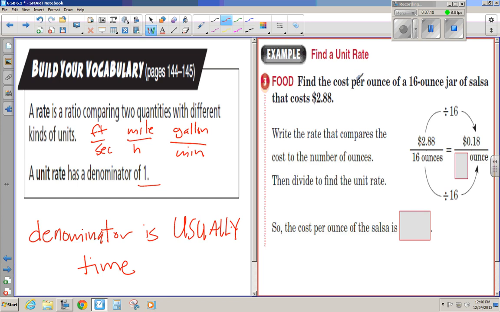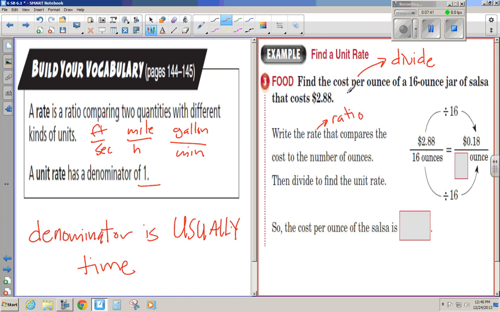So here we go. Find the cost per ounce. Okay, cost per means divide. Per ounce of a 16-ounce jar of salsa. So what we do is we write the rate that compares the cost to the number of ounces. And the rate is basically just a ratio.